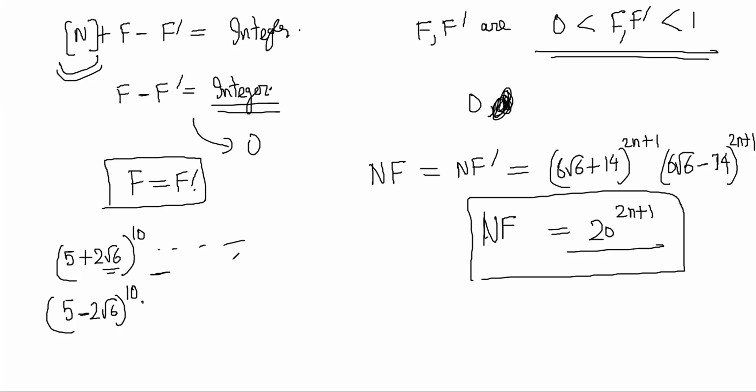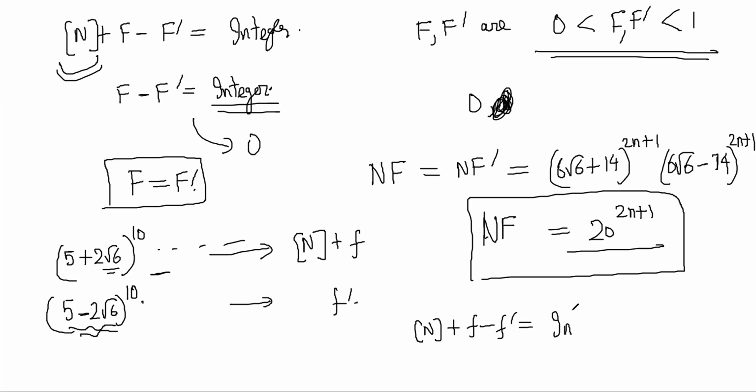I will just write 2, 3 terms and see what works out. This part will be n plus some fraction, and this part I know is also some fraction, f dash, let's say. If subtraction of the two things gives an integer, then I'm sorted, because f minus f dash will be 0, so f will be equal to f dash.